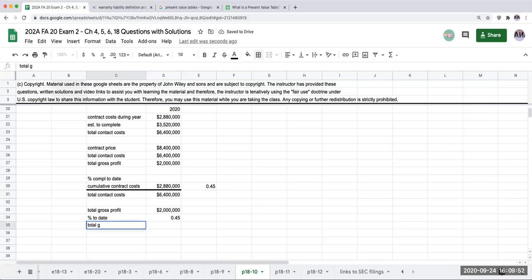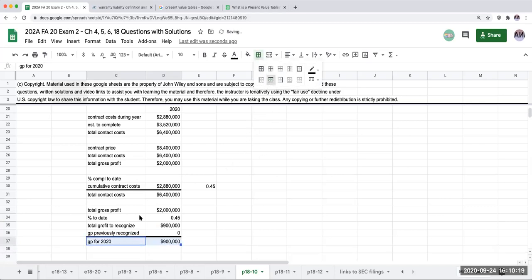Total gross profit to recognize is going to be $900,000. My gross profit previously recognized is 0 because this is my first year of the contract. So my gross profit for 2020 is going to be 900,000 less this 0. Okay, so that is for year one.